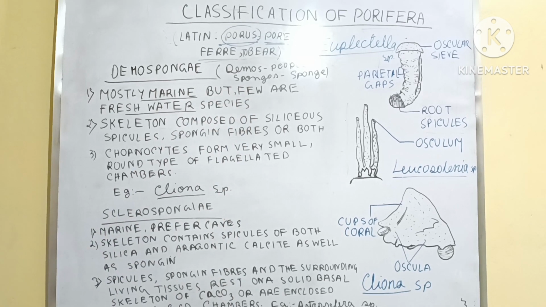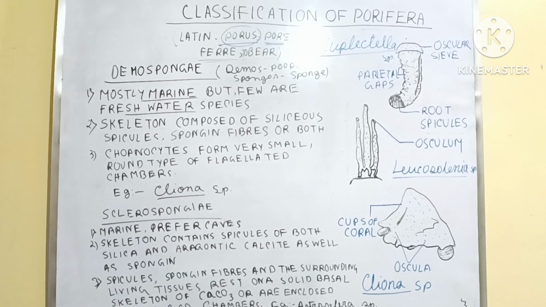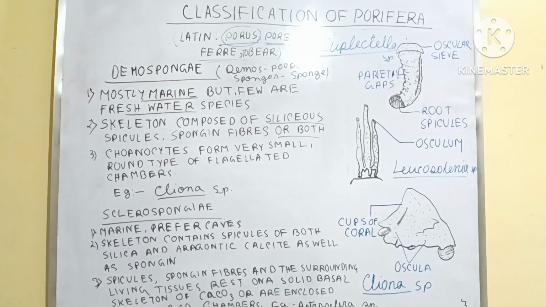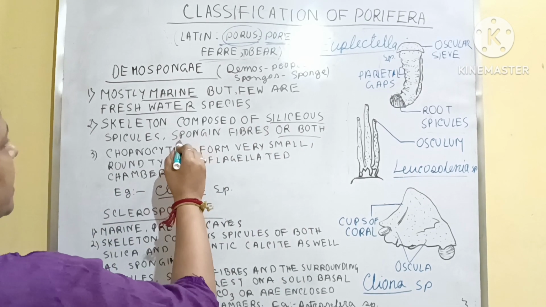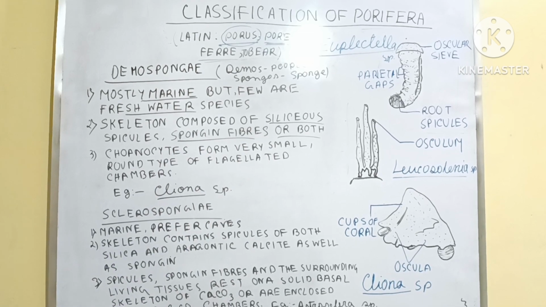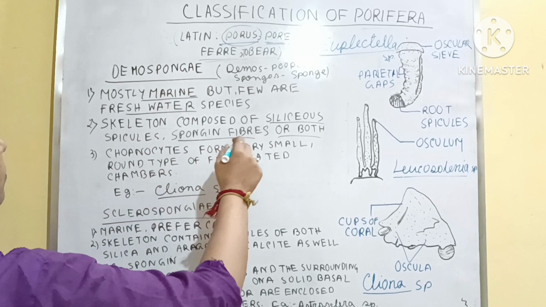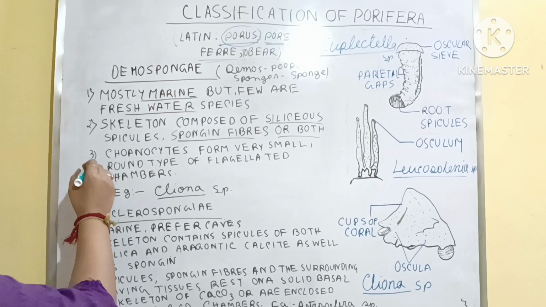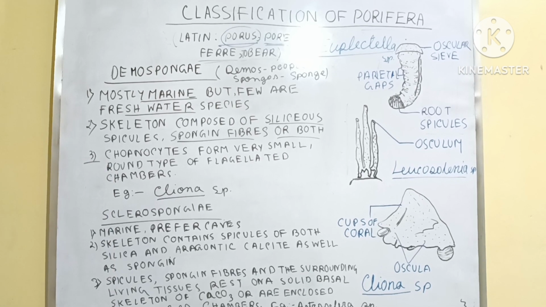Second one, the skeleton is composed of siliceous spicules, spongin fibers, or both. Either the spicules are made up of siliceous substance or the skeleton is made up of spongin fibers, or sometimes the skeleton is made up of both substances. Number third, the choanocytes. These are a kind of cells you just learned before in the characters of the Porifera.